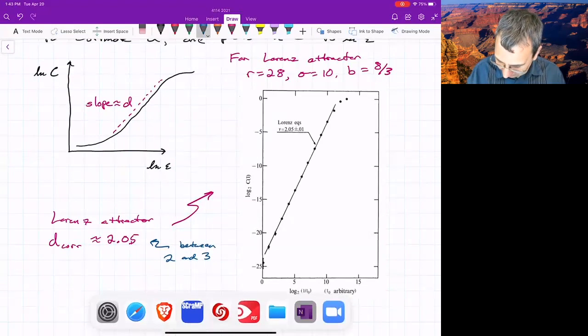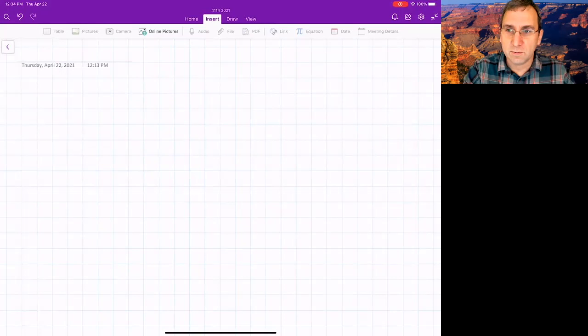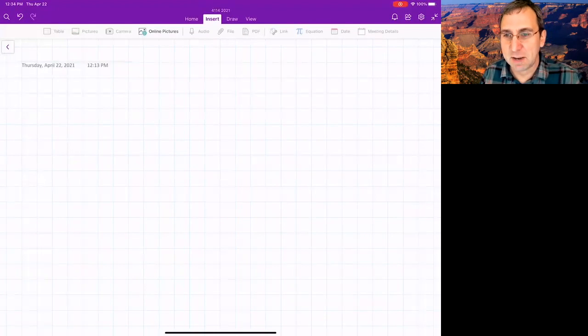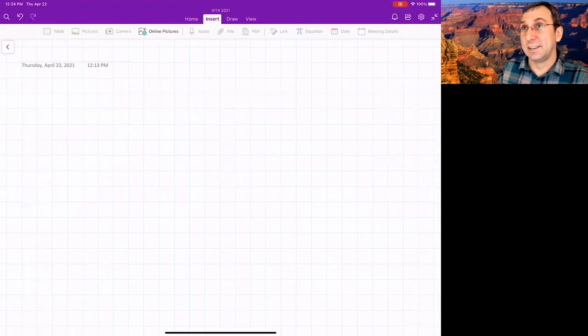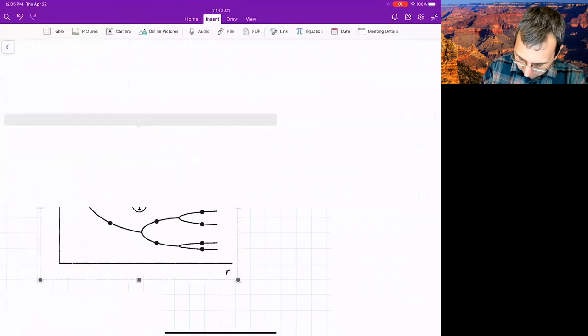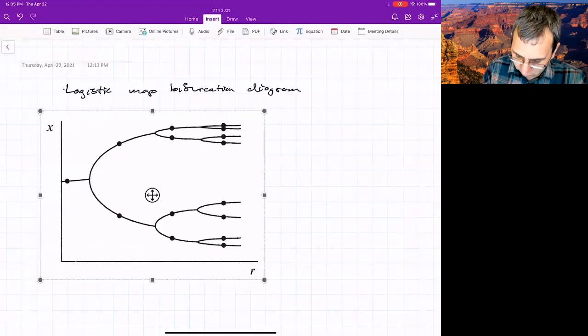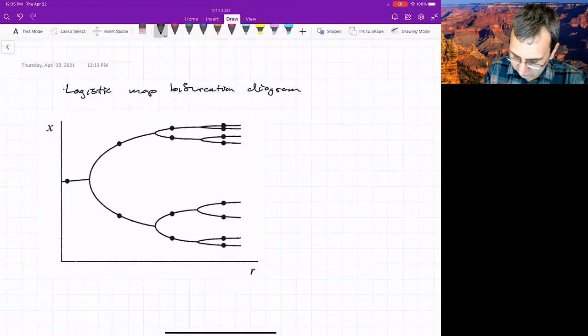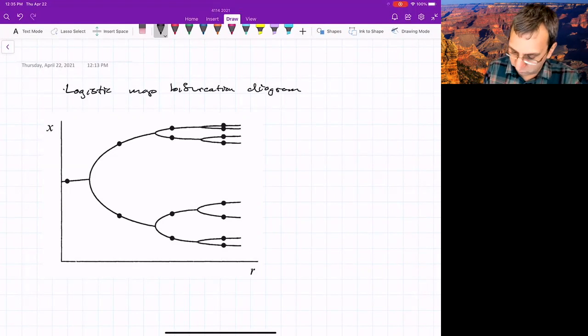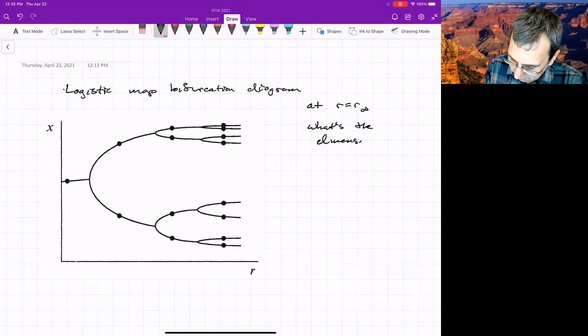I could mention in the last couple of minutes, one of the main self-similar things that we've stared at, the bifurcation diagram of the logistic map, just trying to calculate the dimension of the fractal set that results from the logistic map bifurcation diagram. This is a part of the image. Remember, x points on the attractor as a function of the parameter r, and we want to know at r equals r infinity, what's the dimension of that fractal?